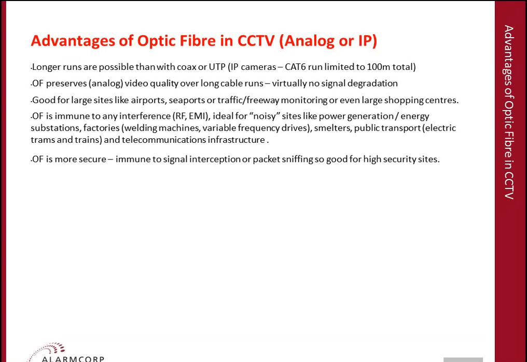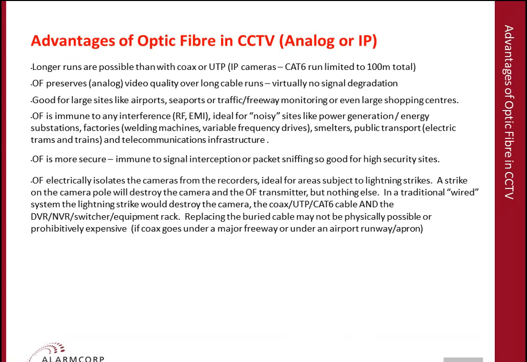Now, if we contrast that with, say, wireless transmission, if you take a wireless point-to-point link, even if you transmit internet or Ethernet traffic with encryption, ultimately it is possible to hack any encryption. It may not be likely, but if we are in a very high security site, optic fiber would be the better choice.